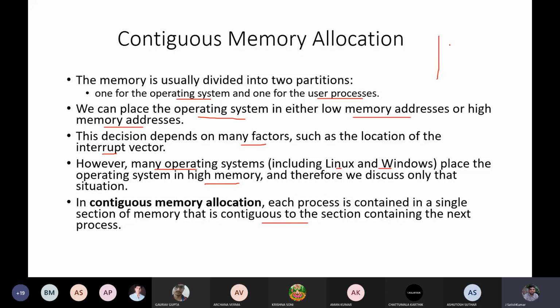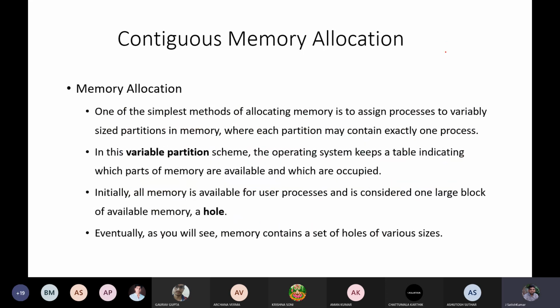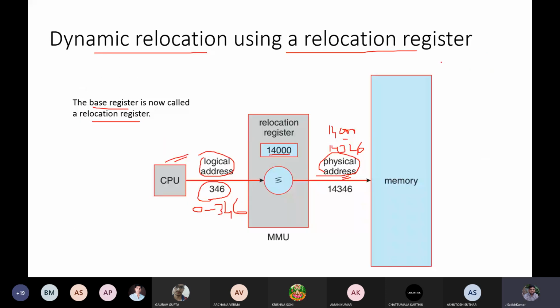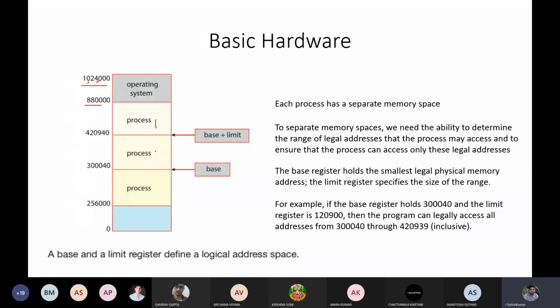Suppose you have a memory, you allocate p1 here, you allocate p2 here, you allocate p3, and so on. Each process should not disturb the other process. This is process p1, this is process p2, this is process p3.